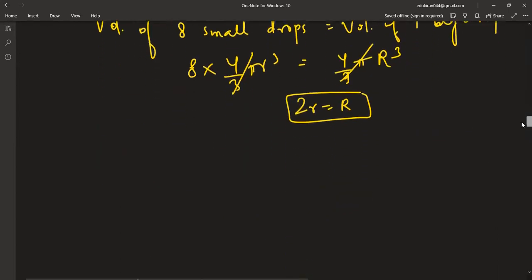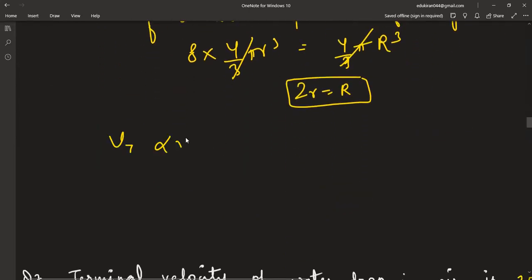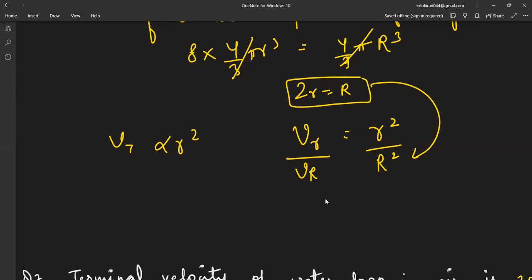One thing, class: terminal velocity is directly proportional to R square, and we just need the relationship between the radius and terminal velocity. So the terminal velocity of the small drop by the terminal velocity of the bigger drop is equal to small r square by capital R square. So we have this relation. Let us substitute R equals 2r here.